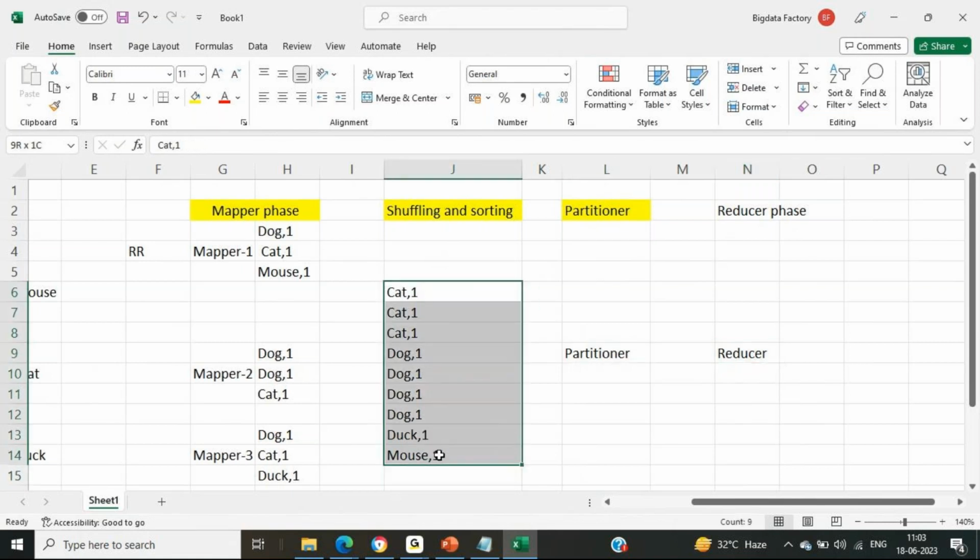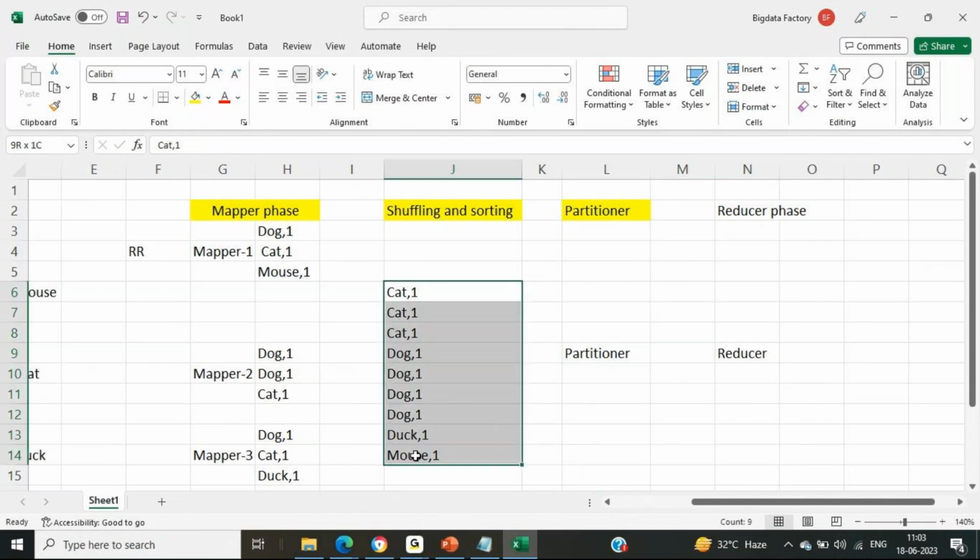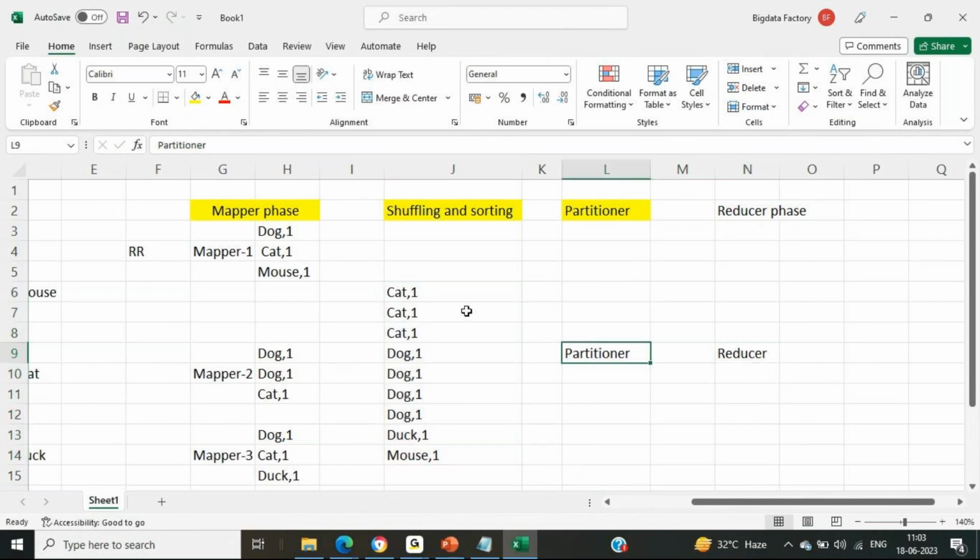But once we are moving with one reducer, do we really need a partitioner? Just try to think: the partitioner decides which key is moving to which reducer. Now we have only one reducer, so do we really need a partitioner?